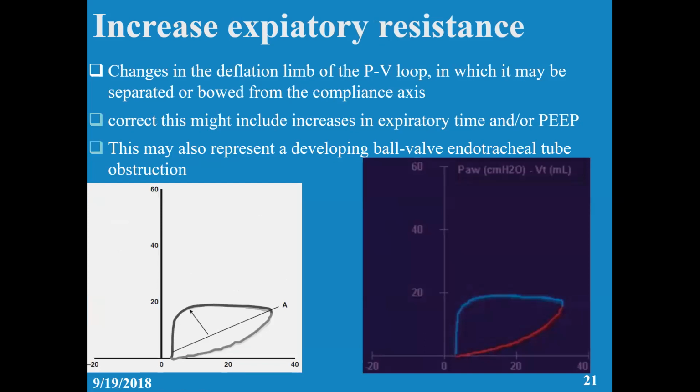Okay, increased expiratory resistance. You can see here the distance between the C dynamic and the inflection line is less than the expiratory line. And we have bumping, we have increasing, we have convexing of the expiratory line.